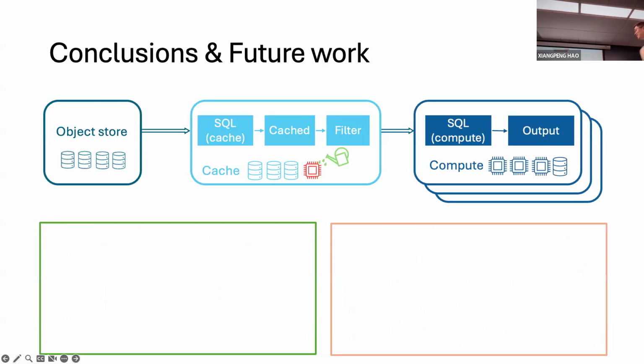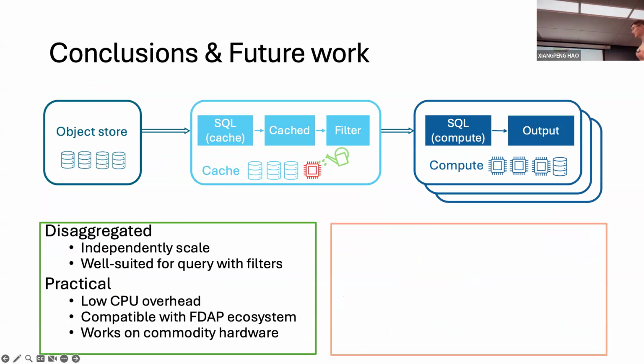So, conclusion and future work. We made a disaggregated cache so that you can scale independently, you can save a lot of cost, and you have stable latency even if your compute node fails. And it's well suited for queries with filters, which we believe most queries have.